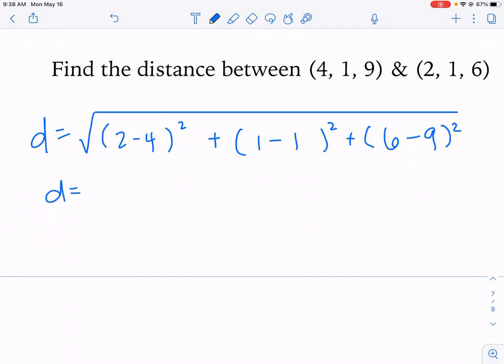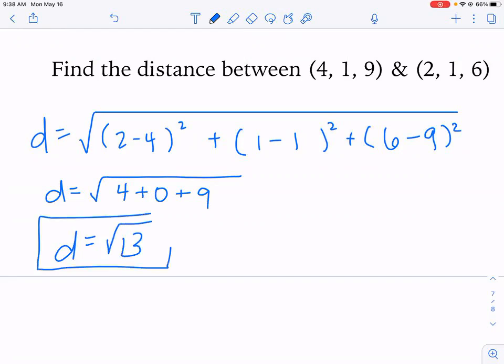What's 2 minus 4 squared? What is 1 minus 1 squared? What is 6 minus 9 squared? So our distance is the square root of 13, and we're just gonna leave it as that.